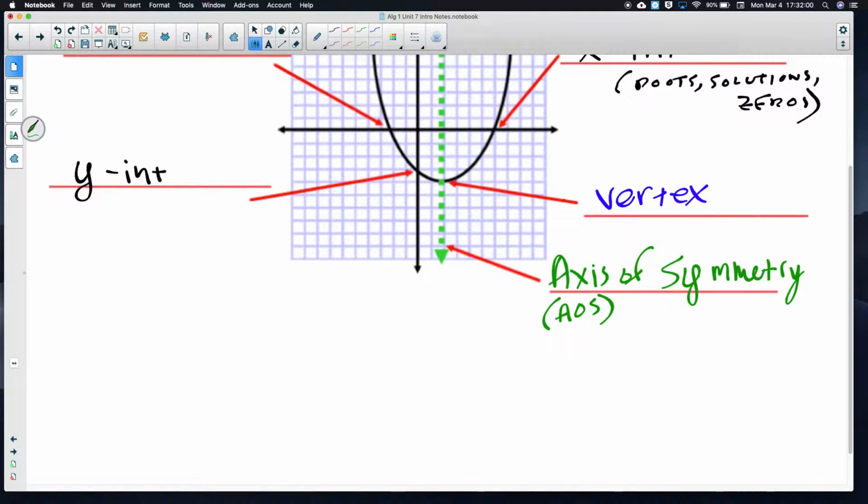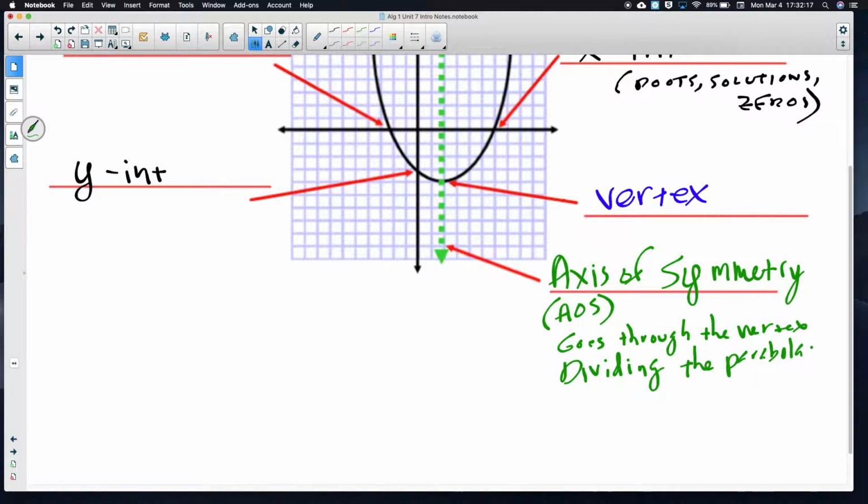And the axis of symmetry goes through the vertex, dividing the parabola into two equal parts. It's the whole idea of symmetry.